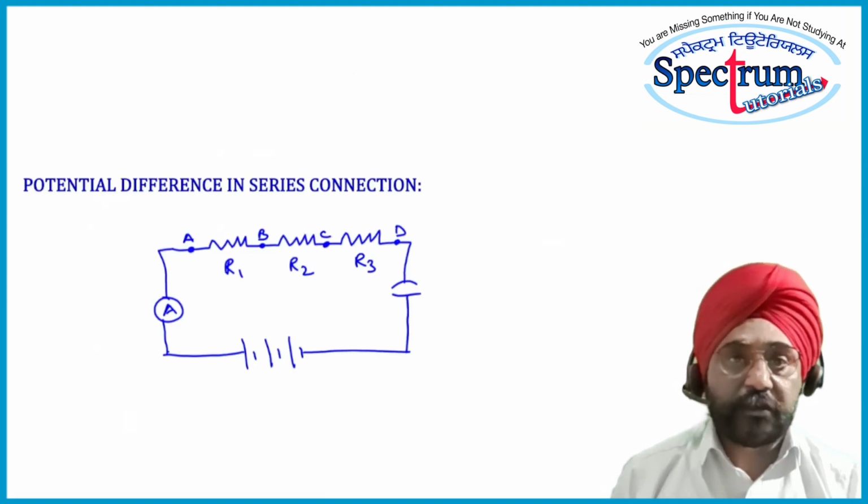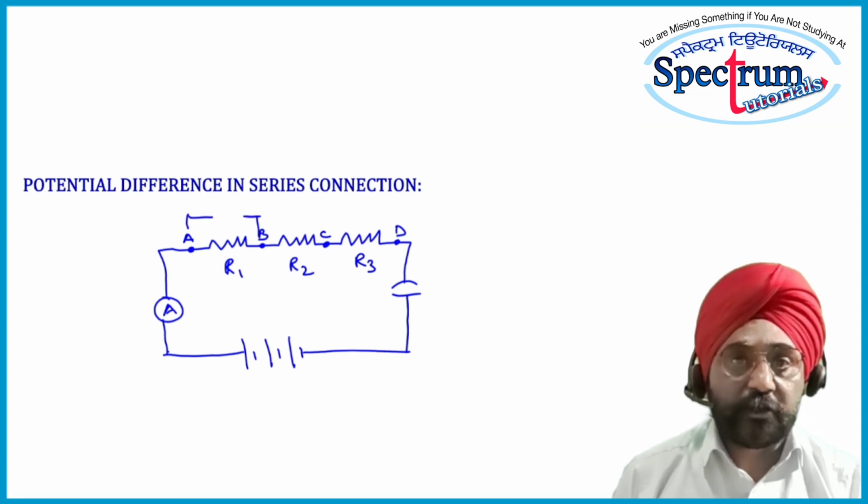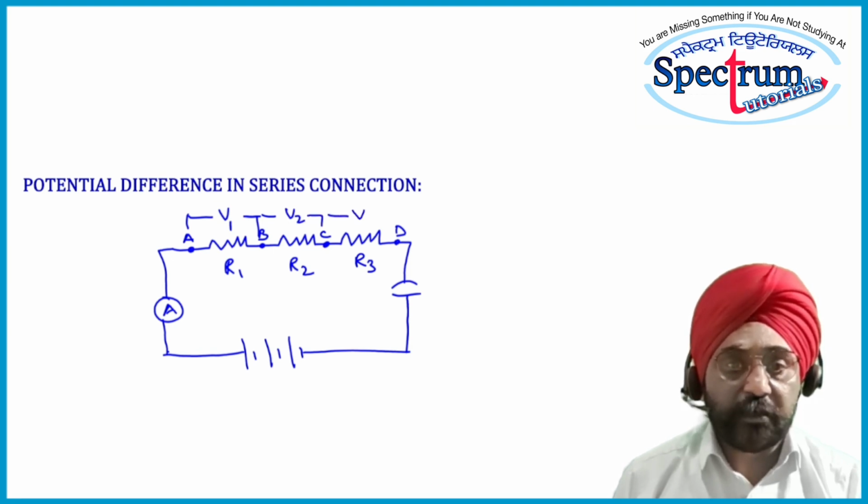In a series connection, potential through different resistors is different. So we can see the potential through resistance R1 is V1, potential through R2 is V2, potential through R3 is V3.